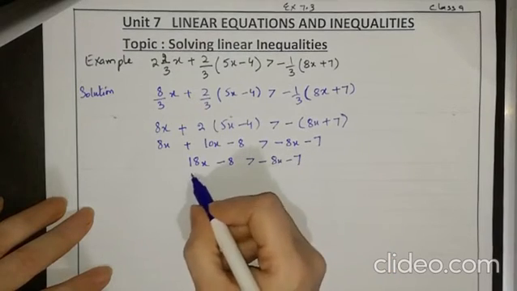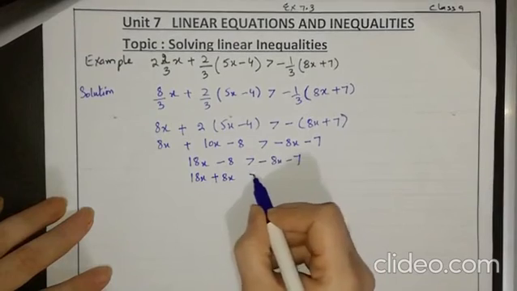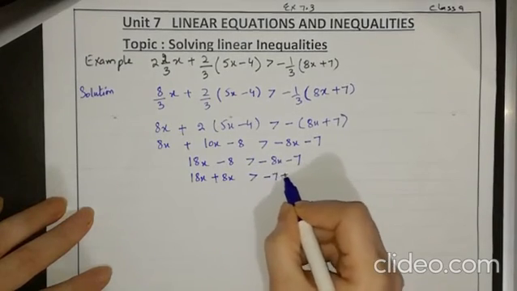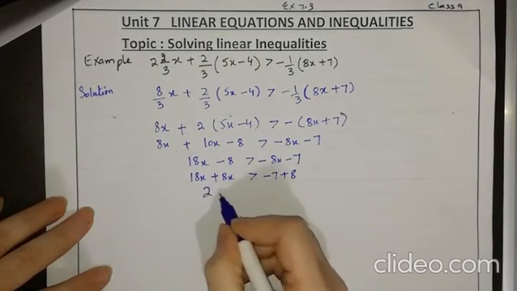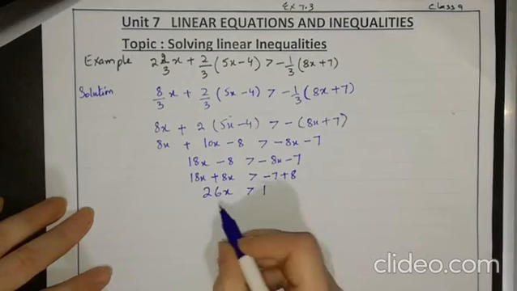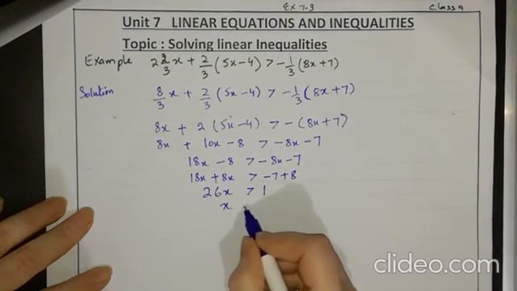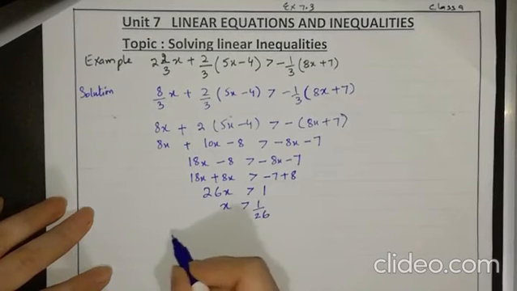Now shift minus 8x to this side. 18x plus 8x greater than minus 7 plus 8. 18 plus 8 is 26x greater than 1. Dividing both sides by 26, x is greater than 1 by 26.